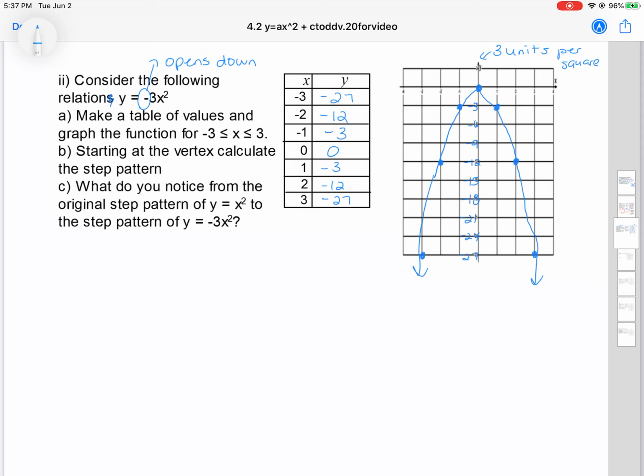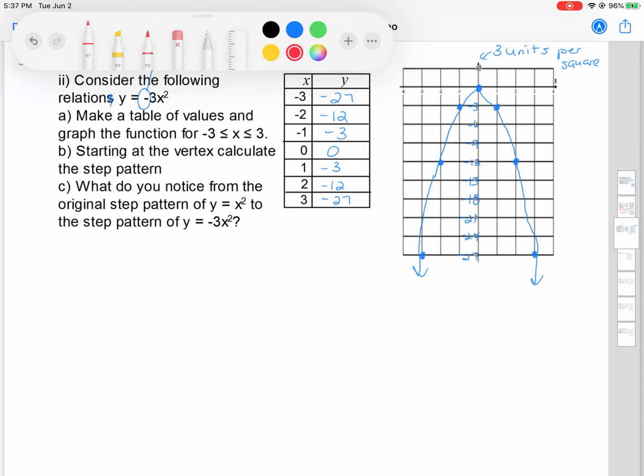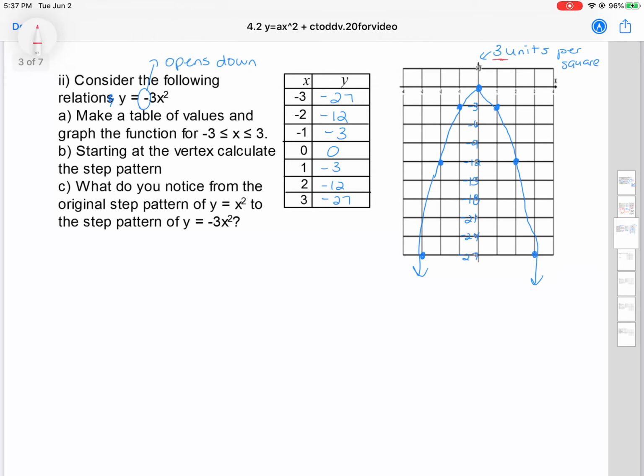Okay, so we start at the vertex and calculate the step pattern. Again, this is why it was important to say that it's 3 units per square. So we go over 1 and down 3, over 1 and down 3, 6, 9, over 1 and down 3, 6, 9, 12, 15.